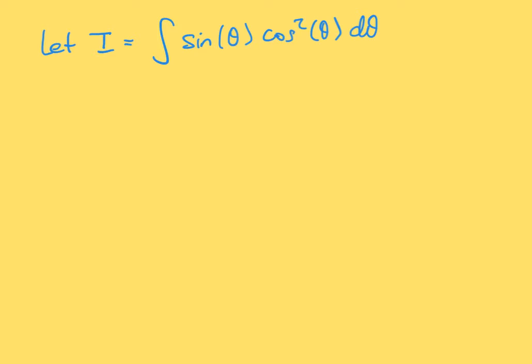But I think it's much easier to develop the skill of just writing the answer down, so let me just do that. So what we have is the square of the cosine multiplied by the derivative of the cosine.